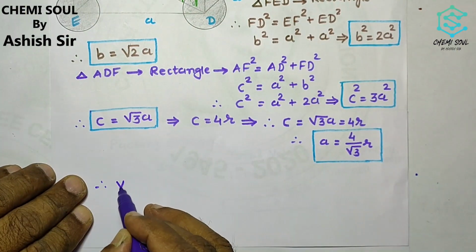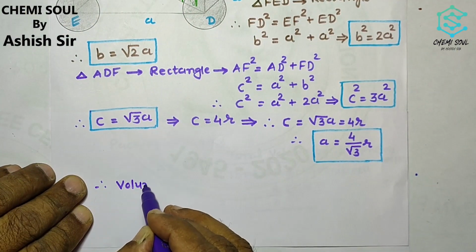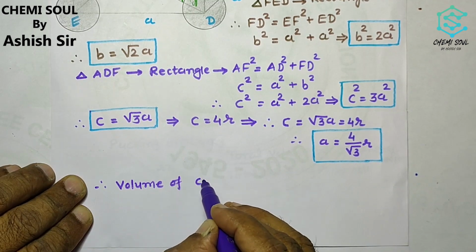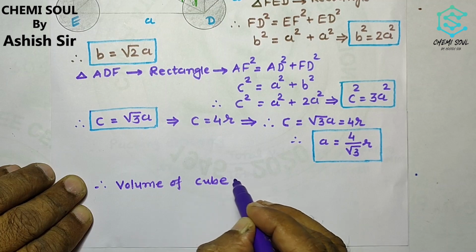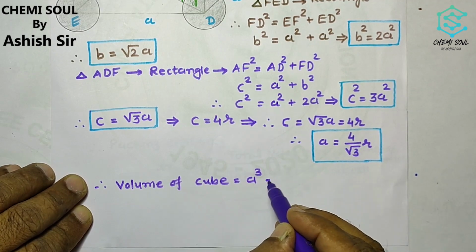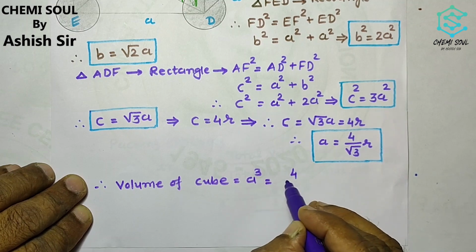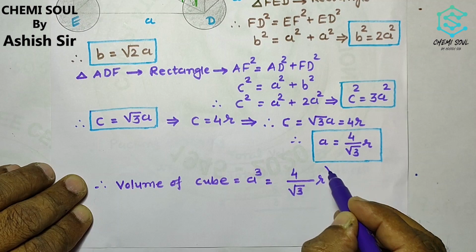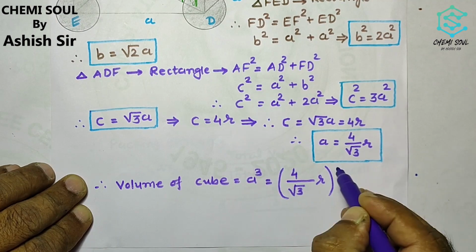Therefore, the volume of the cube is equal to a cube, and a cube is equal to 4 upon root 3 r whole cube.